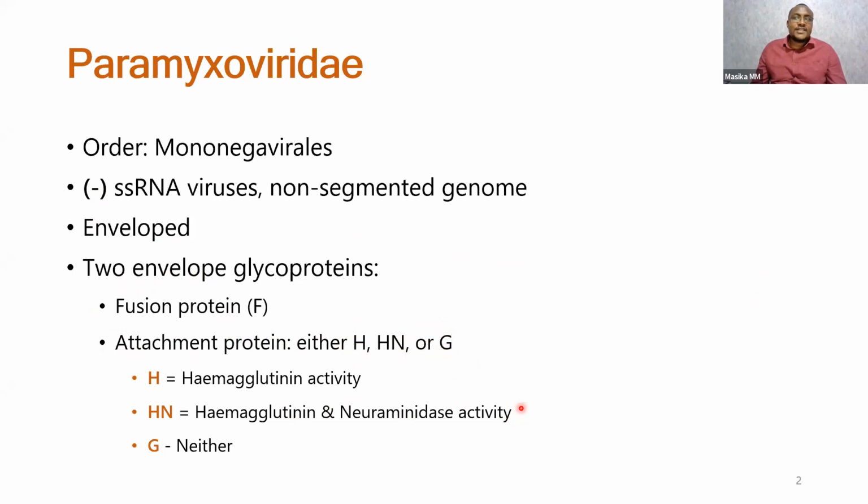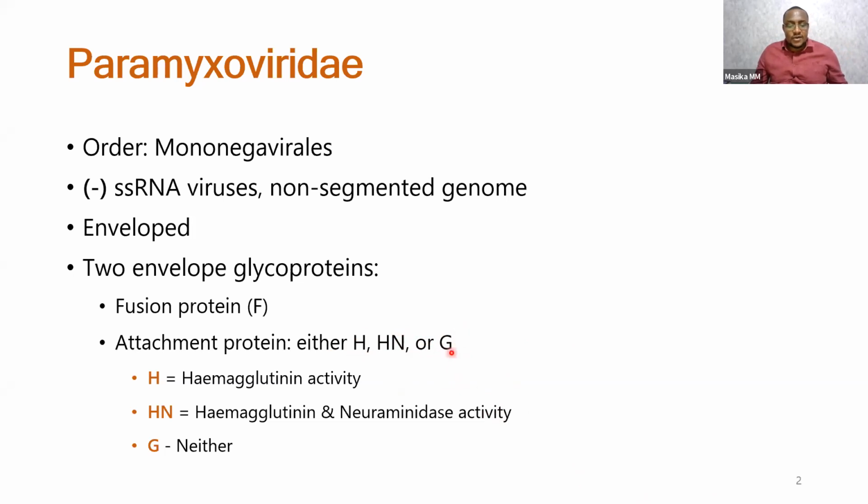After some classification in the last few years, most of the G have actually been put in a different category. But the important viruses that have no hemagglutinin or neuraminidase function were mainly RSV and metapneumovirus. RSV is respiratory syncytial virus, and it is very important for you to learn about it because it can cause death in children who have viral pneumonia.